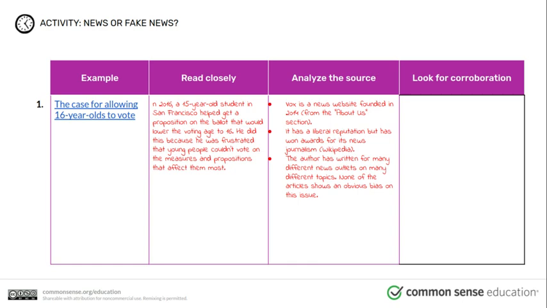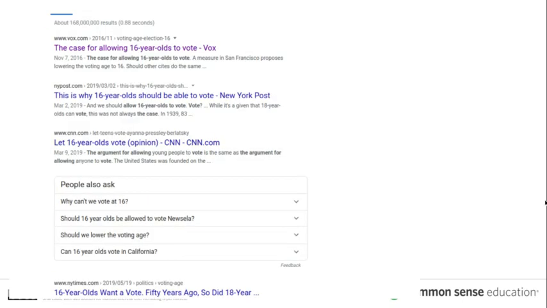So now I've completed two steps of the analysis. I've read closely, I have the main idea, and I've analyzed the source. Now I need to look for corroboration. When I Googled the topic 16-year-olds to vote, I see that Vox came up as one of the answers, but also New York Post has articles on the same topic, CNN, and the New York Times.